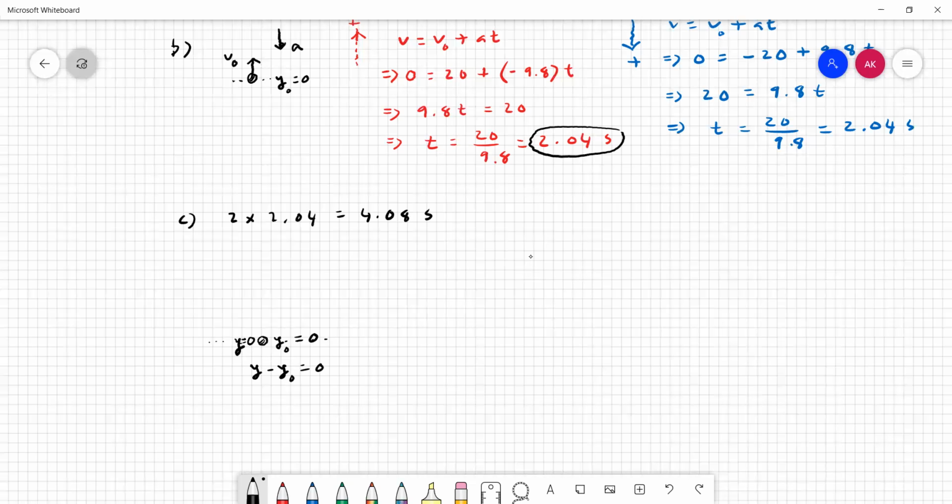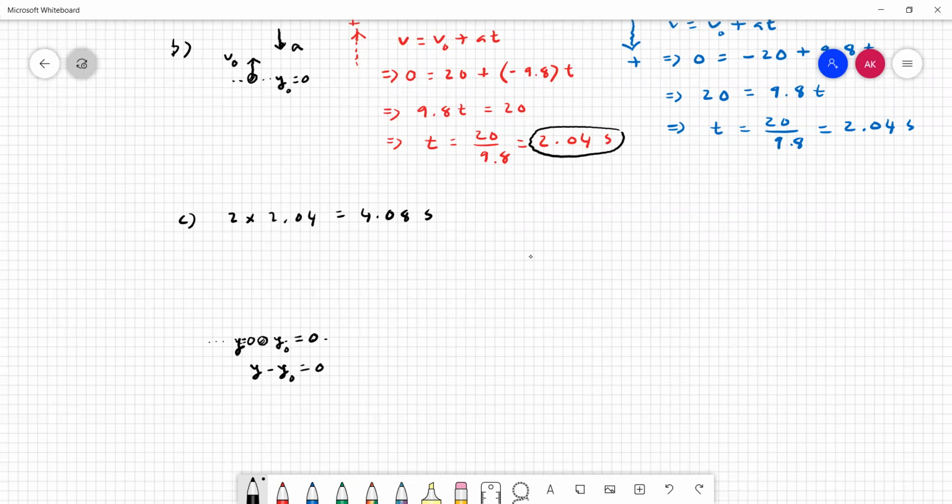That's why most students get confused. They think that x and x naught or y naught are distances, but we don't use distances in those kinematics equations. We just use positions. So we see initial and final positions are the same.